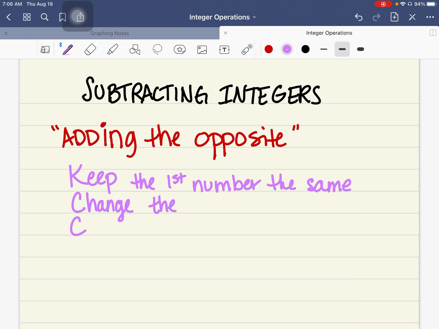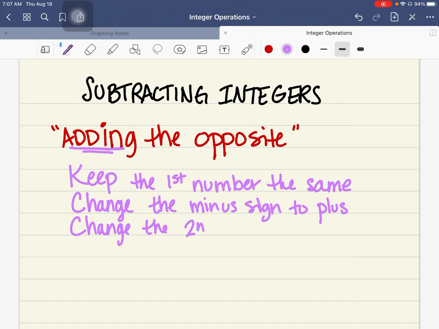Change the minus sign to plus. So that's the adding part. And then change again the second number to its opposite. So that's adding the opposite.